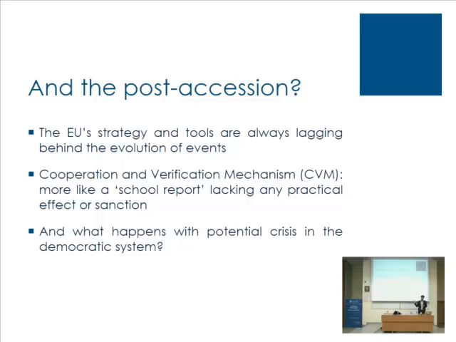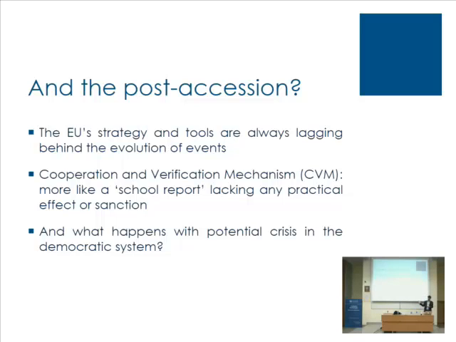And this is an example of the evolution that is still ongoing of the EU strategies during the enlargement. So every time there is a problem, lack of progress of Romania and Bulgaria with judiciary and anti-corruption, there is a reaction, the introduction of this new mechanism, the cooperation and verification mechanism.